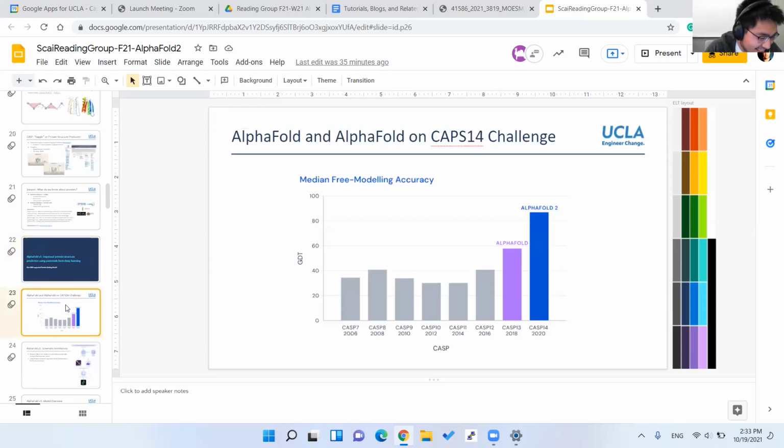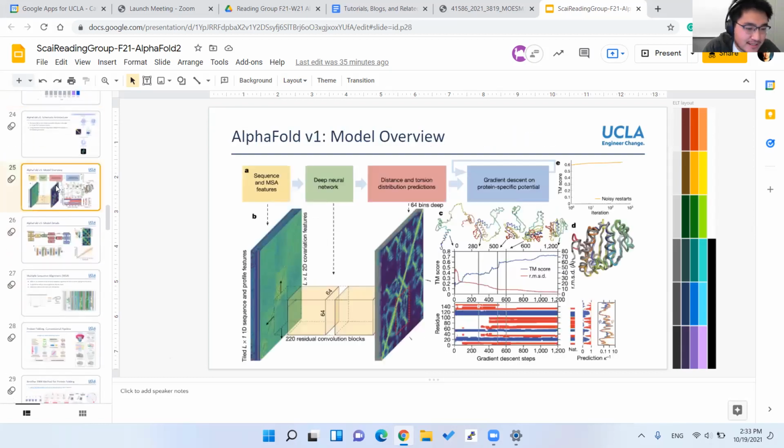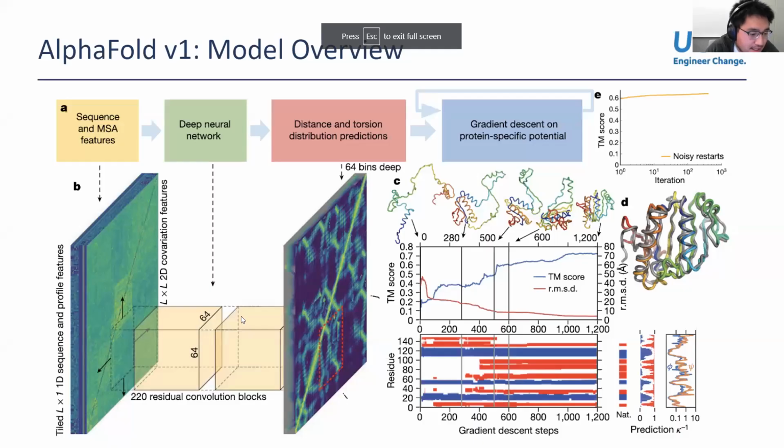And a quick reminder of AlphaFold, if you can still remember what we discussed last time. AlphaFold version 1 is a convolutional neural network. This is the model overview of how it makes predictions.